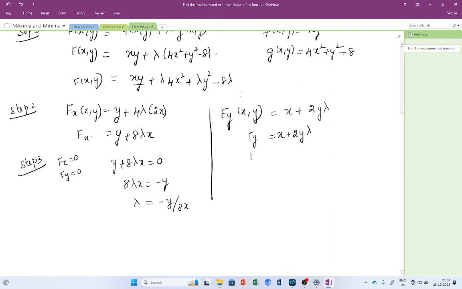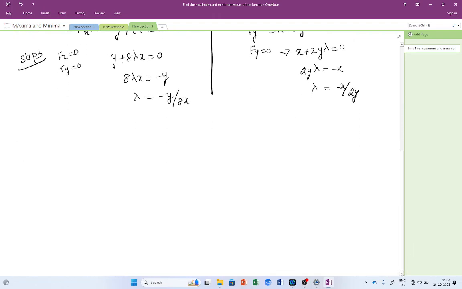Similarly, F_y is equal to 0, which implies x plus 2y lambda is equal to 0. From this, if I write lambda, it will be minus x, so lambda is equal to minus x divided by 2y. Here I got a lambda, here again I've got a value for lambda.